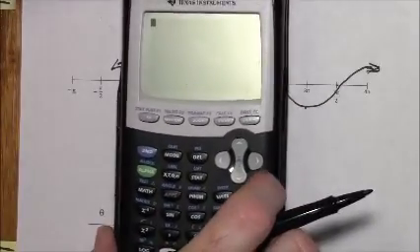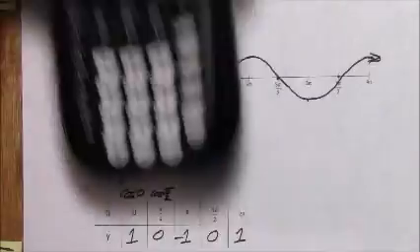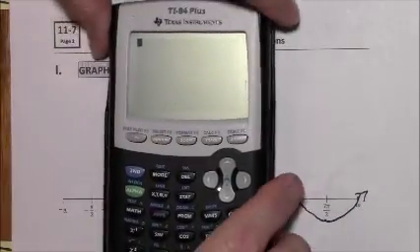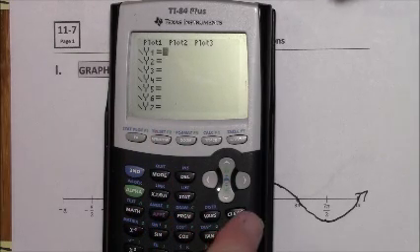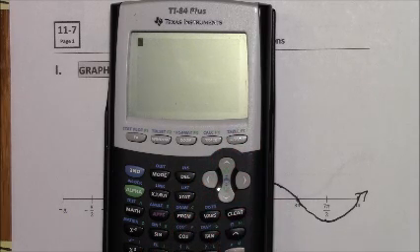Okay, so let's graph first the sine and then the cosine curve. And I'm going to put my sine here. So on the sine one, press y equals. Oh, first, something to go back to. Okay, oops, let's clear off here.